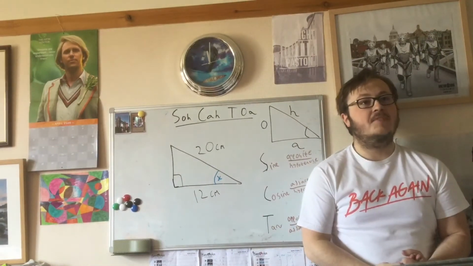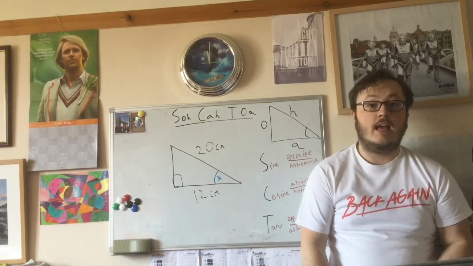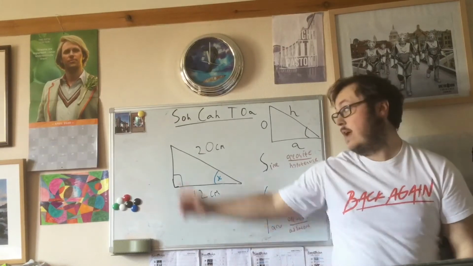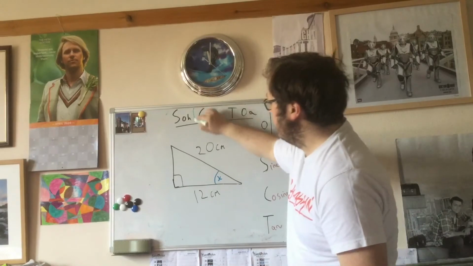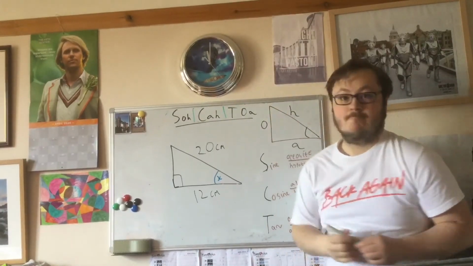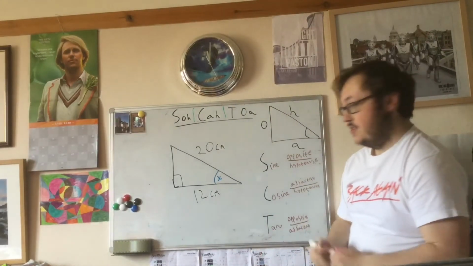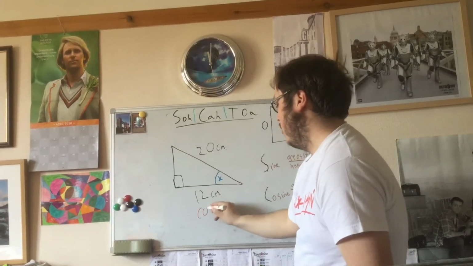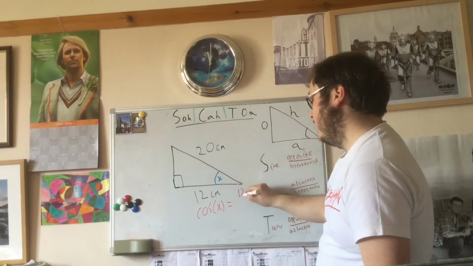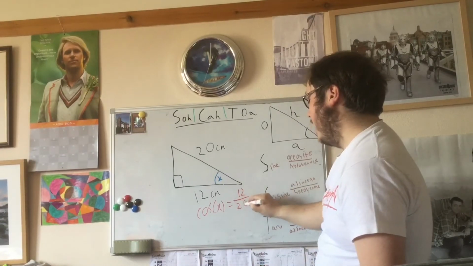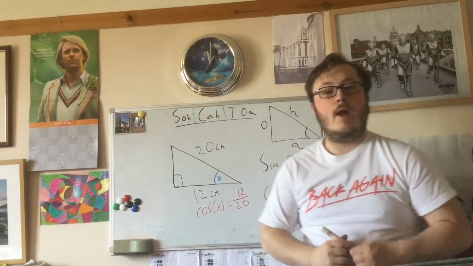Second question, do we use CAH? Well, CAH is when we have an adjacent and a hypotenuse. We have a hypotenuse, we have our adjacent. So we're going to be using CAH in this. Remember we write cos x equals our adjacent, which is 12, divided by our hypotenuse, which is 20.